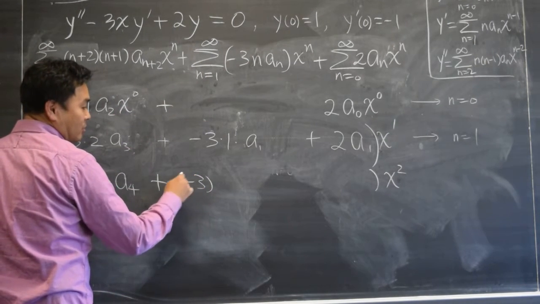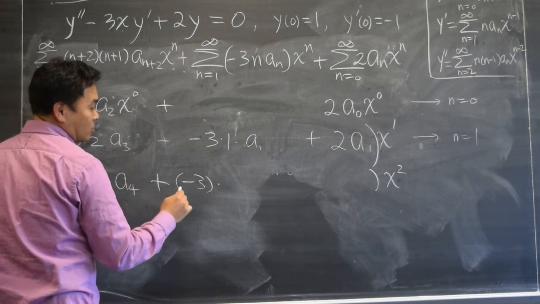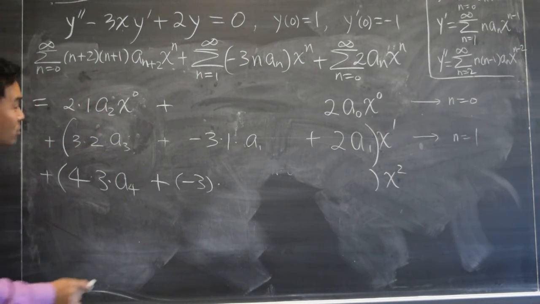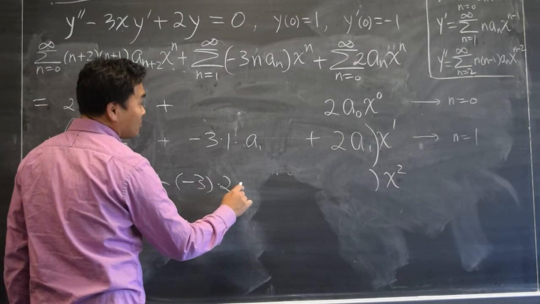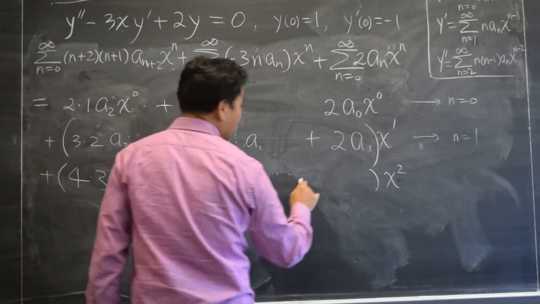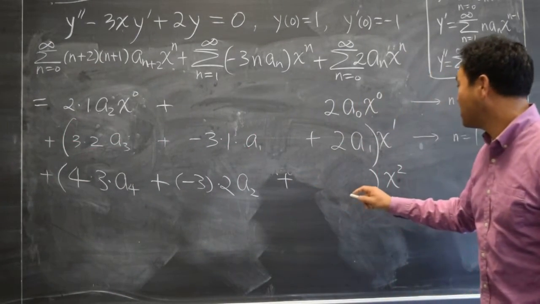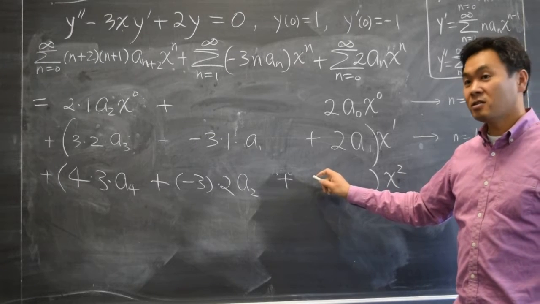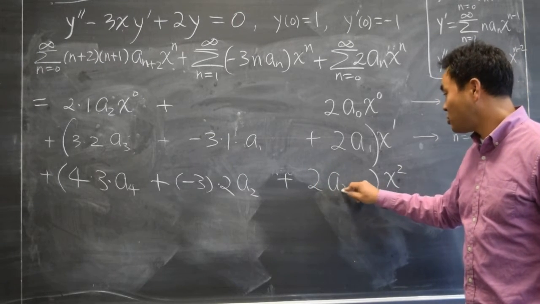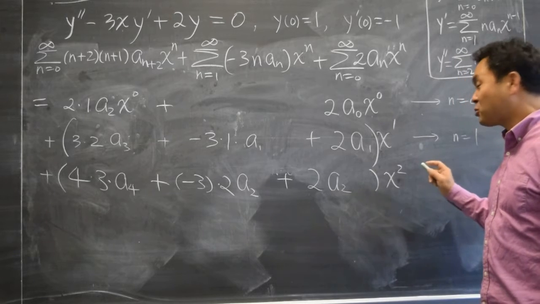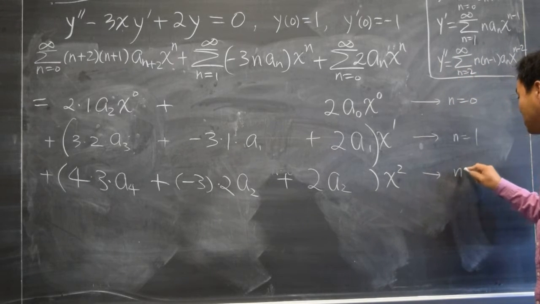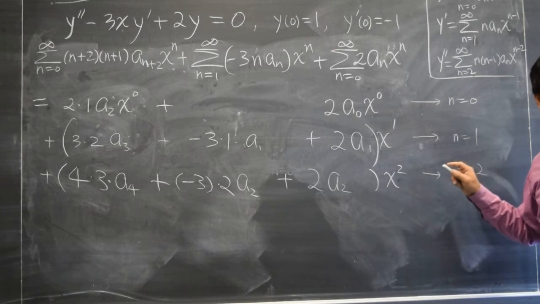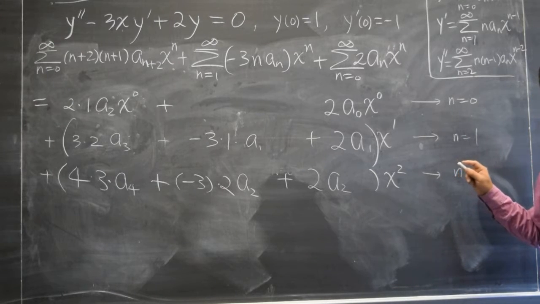Negative 3 times 2. N is 2 right now. 2 times a2. How about this one? Plus 2 a sub 2, x squared. That's for the case when n is equal to 2. Is that right? Okay.